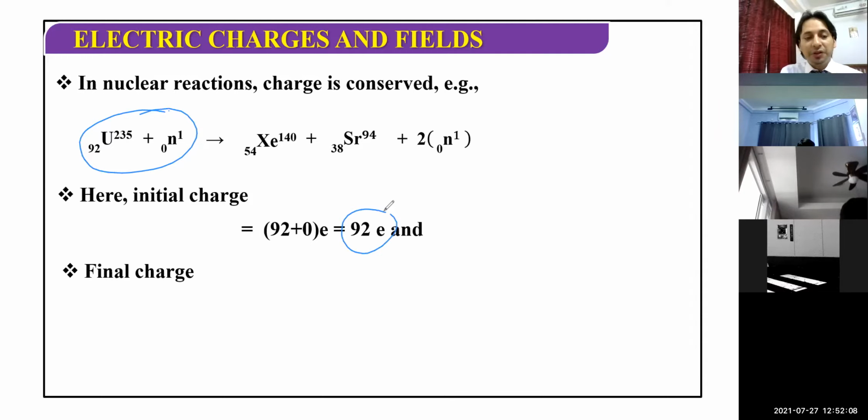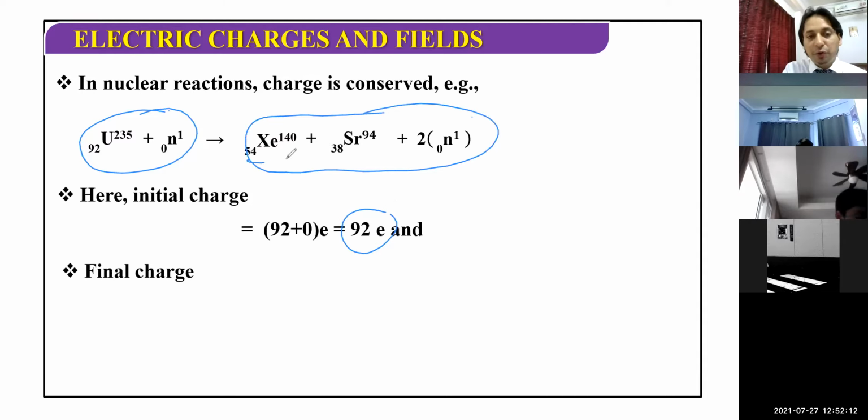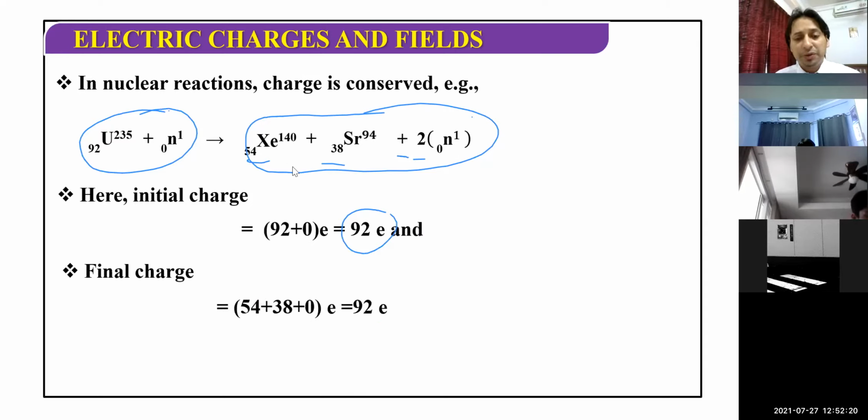Once the reaction takes place, after the reaction on the right hand side, if you do the total calculation, you will find 54 plus 38 plus 0, so the total charge is 92 before and after. In any nuclear process, in nuclear reactions, the charge still remains conserved.